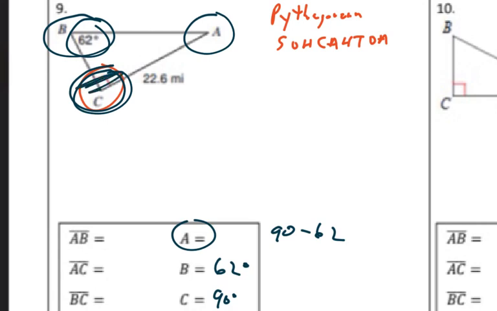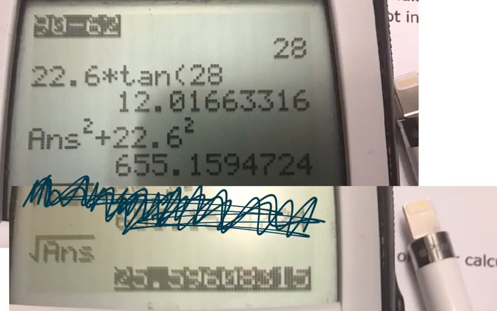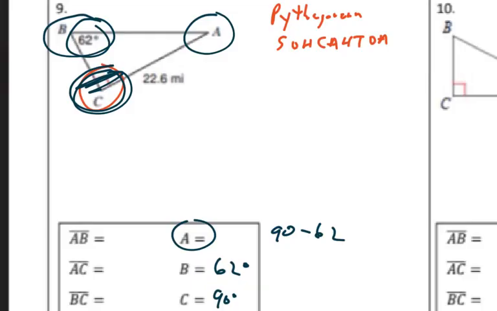So if you take away the 90, you're left with 90 for the other two angles, right? So we take our calculator and do 90 minus 62 and we get 28. So we now already know all the angles, A, B, and C.